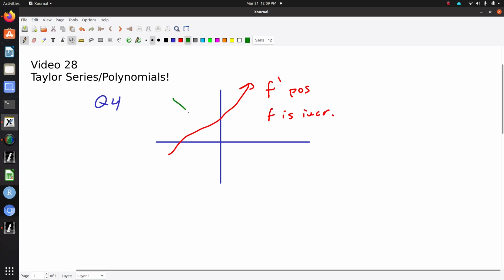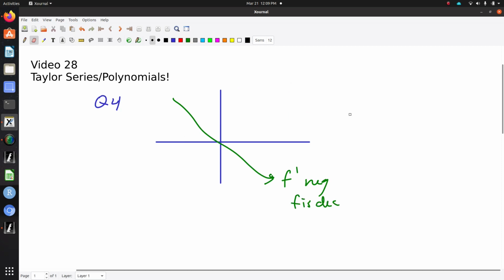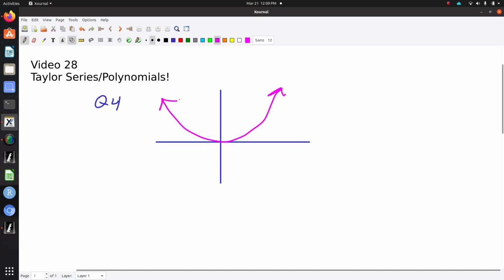And remember that f prime is negative when f is decreasing. And also we have the concave up and concave down thing. All right, so concave up, we have the second derivative is positive, or concave down, then the second derivative is negative. Okay, and that should be enough to get you through.